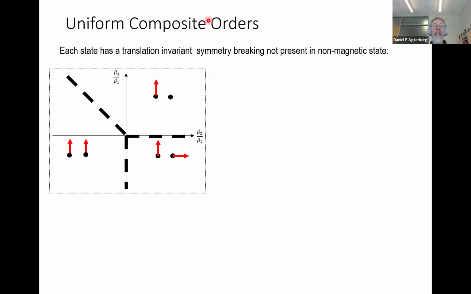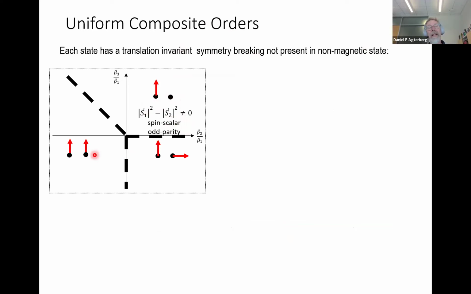We can then further study these states and we can realize that they all have a special feature. They all have a translational invariant symmetry breaking that was not present in the non-magnetic states. In this particular state, we have an order parameter which was S1 squared minus S2 squared. This is a spin scalar order parameter, but because inversion is between the sites, this breaks inversion symmetry.